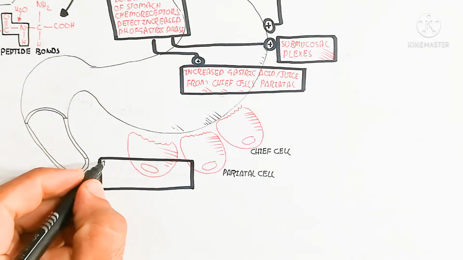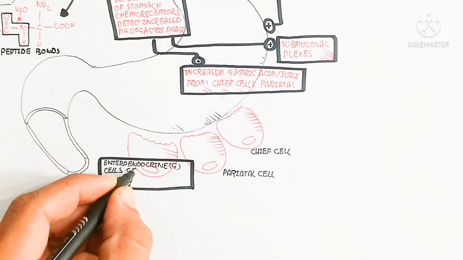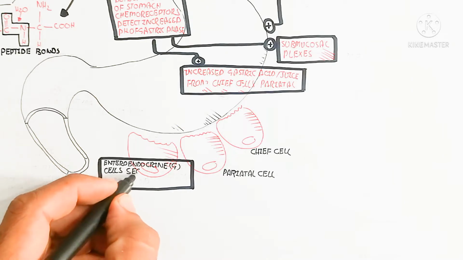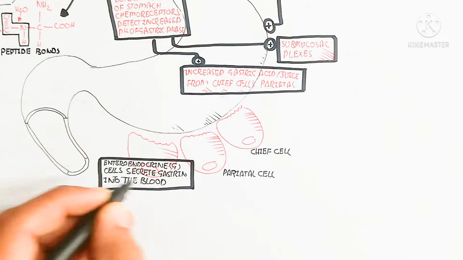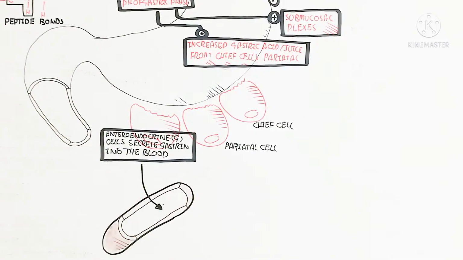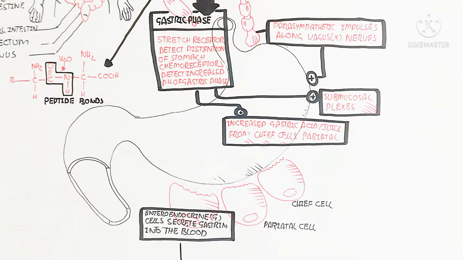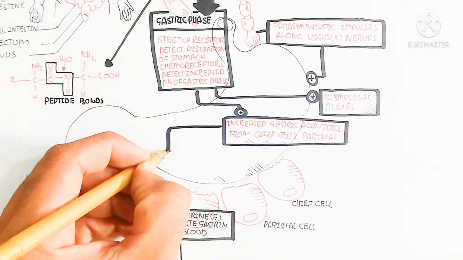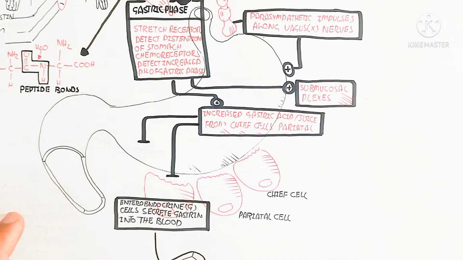And in this way, here you can see the increased gastric acid and juice from chief cells and parietal cells, which inhibits the enteroendocrine cells. The function of enteroendocrine cells is to produce the endocrine hormone, which stimulates the brain to relax and increases the parasympathetic nervous system.